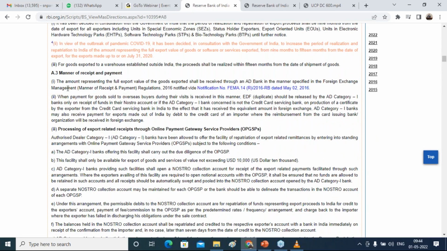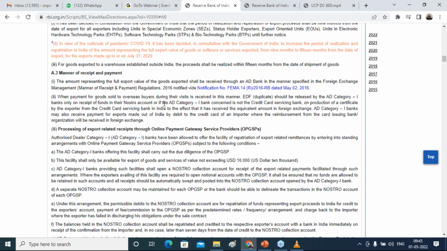The manner of receipt and payment: the amount representing the full value of the goods shall be received in foreign currency, as mentioned in the foreign exchange regulations. When the payment for the goods sold overseas is received from the buyers, the EDF, the electronic declaration form, should be released by the AD bank, that is the authorized bank, only on receipt of the funds in their nostro account.